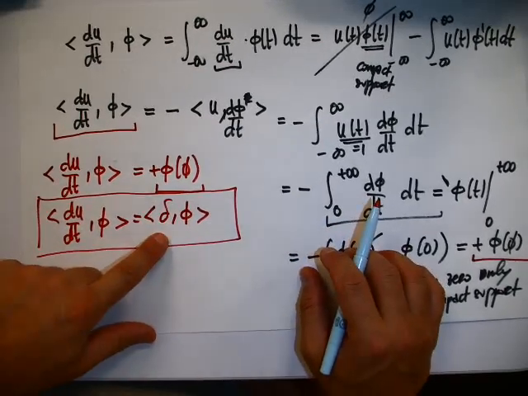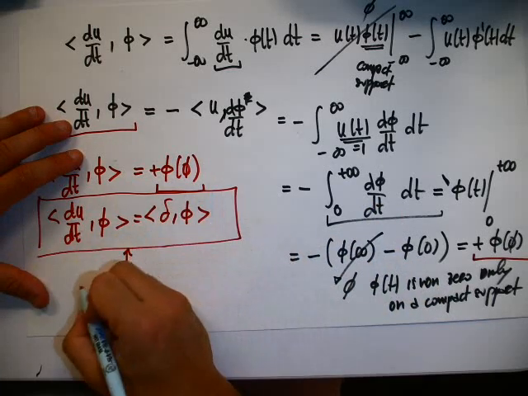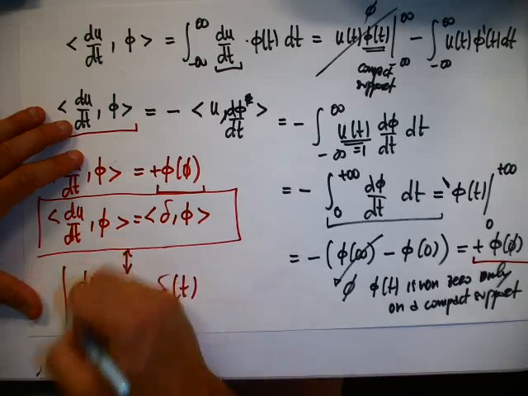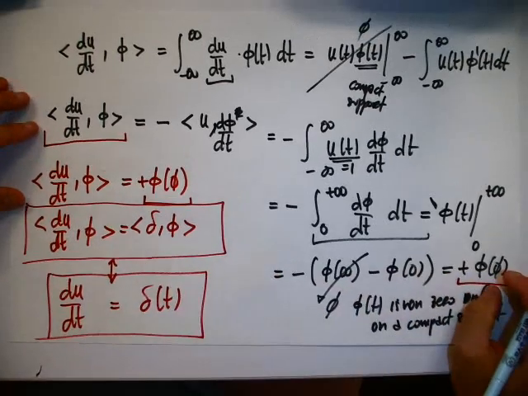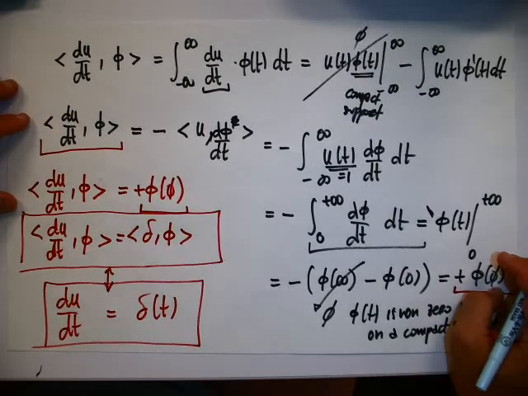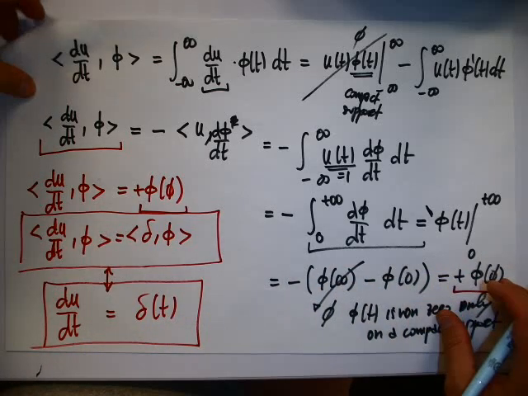And so we can associate to this distribution the function u'(t) equal to delta(t). And that's how you can prove in a rigorous way that the derivative of u(t) is basically equal to delta. Okay?